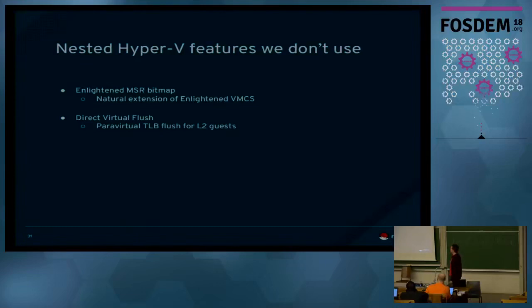The feature they have, and which I listed here, is direct flush for level 2 guests. Because when you are running nested, the probability that your virtual CPU is actually being executed at this time is even lower than with level 1, right? You may have several level 1 guests, and in each level 1 you may have several level 2 guests, so they just get a tiny, tiny portion of the real CPU. And they provide an option to do this TLB flush directly from L2 guests.